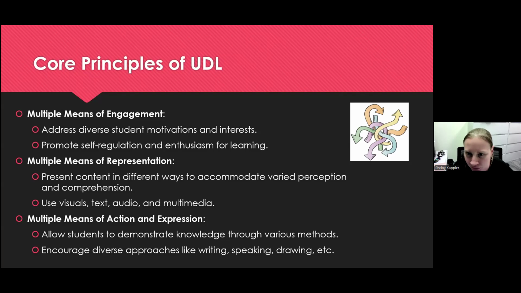It also talks a bit about self-regulation and developing enthusiasm for learning. Multiple means of representation discusses how content is presented within the learning environment. And lastly, multiple means of action and expression is how students can show what they've learned and demonstrate their knowledge through various means.